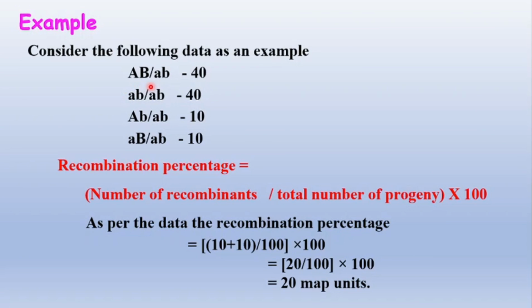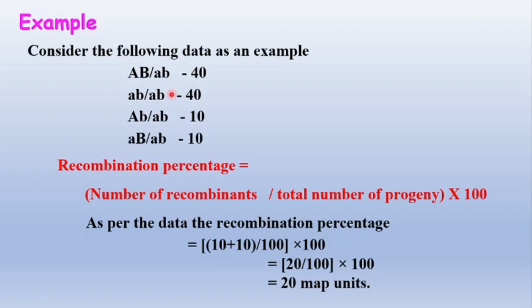Capital A, capital B, 40; small a, small b, 40; capital A, small b, 10; small a, capital B, 10. This is hypothetical data I have taken for the explanation of construction of gene map of A and B genes.